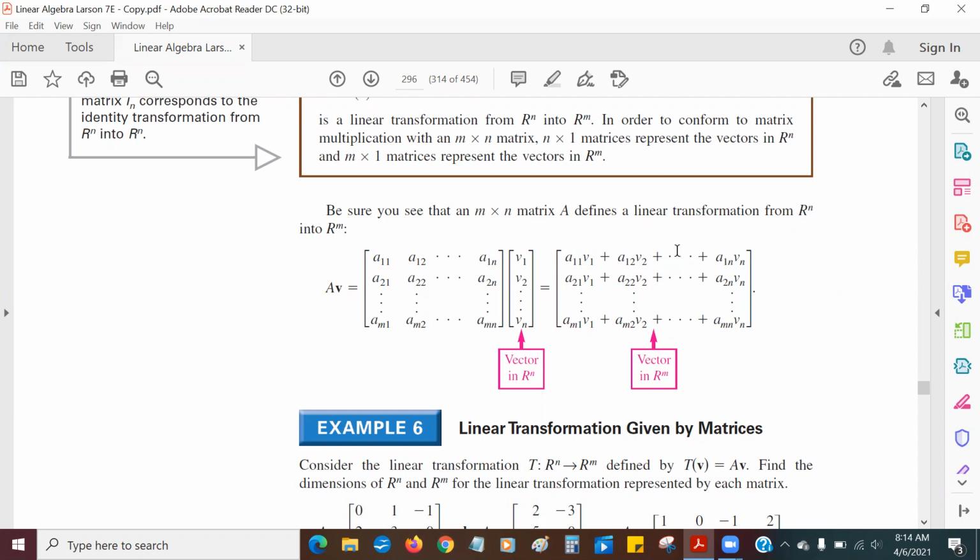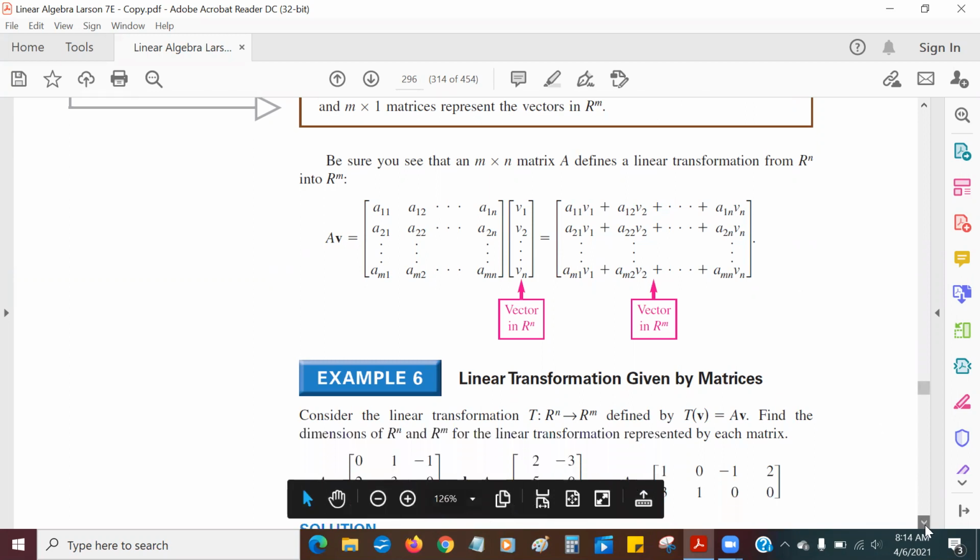It looks like a whole big giant matrix, but it's actually just a one column matrix, because when I add these up, A11 V1 plus A12 V2, and so on, I'm going to add this all up and get one number. So this actually is a single column matrix.